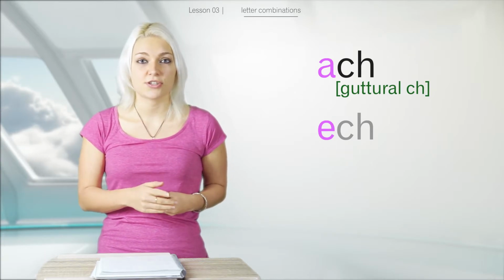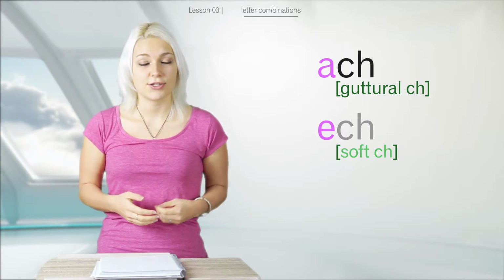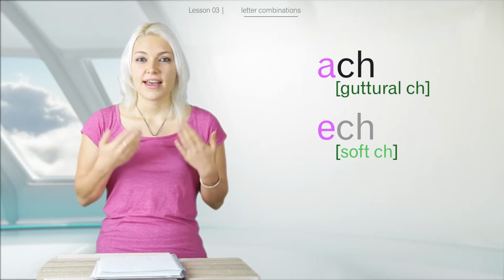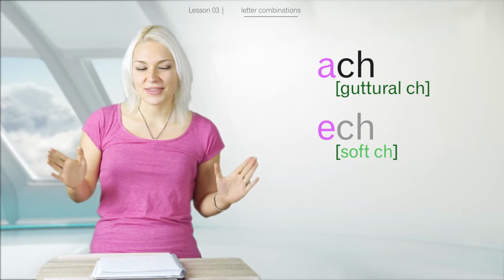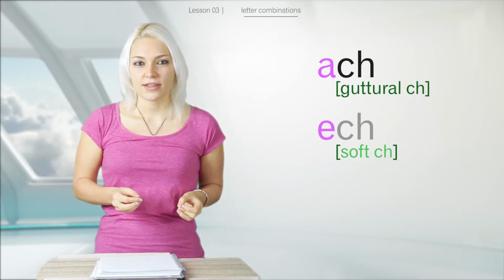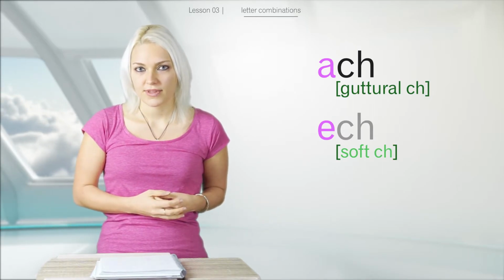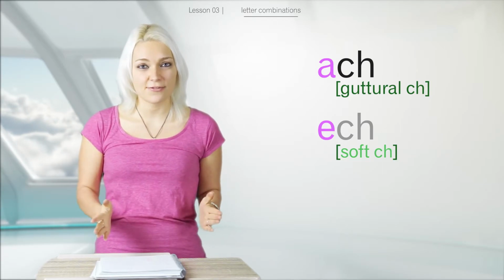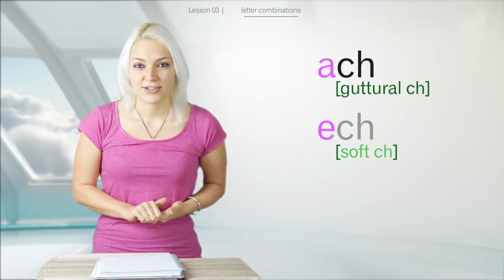The combination ECH is pronounced ech. You don't have this guttural ch anymore. It is just some air leaving your mouth through gritted teeth. This sound only exists in the German language. It might be a bit difficult at first, but again, just listen carefully and try to imitate, and then one day you will manage to pronounce it.